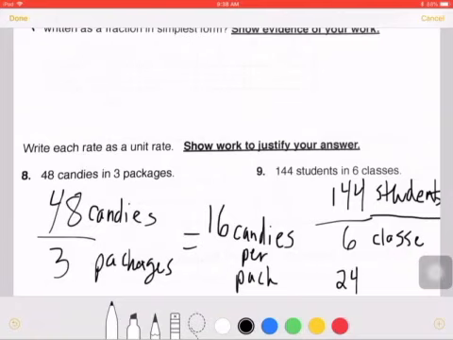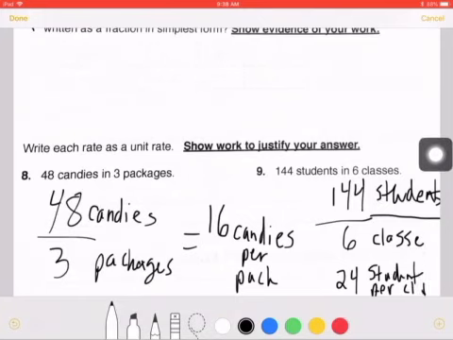I get 24, and that means students per class. Okay, so I have to label that. Let's see if I can write it neat enough you can see. Bear with me, I'm not very good at writing on the iPad. Students per class. Might be able to read that.